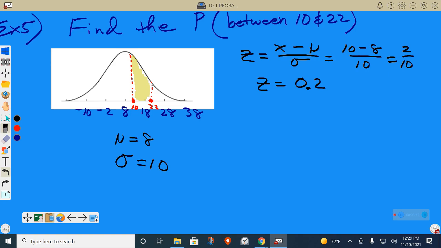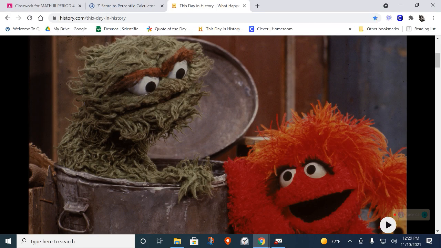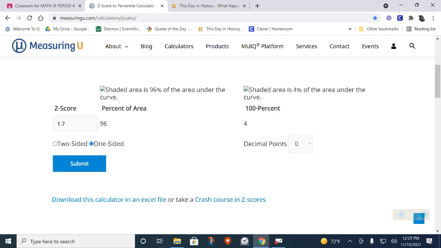Now let's figure out what percent is all this data in black, with the z-score calculator. So backspace that, put 0.2. It's not hard stuff, you guys.